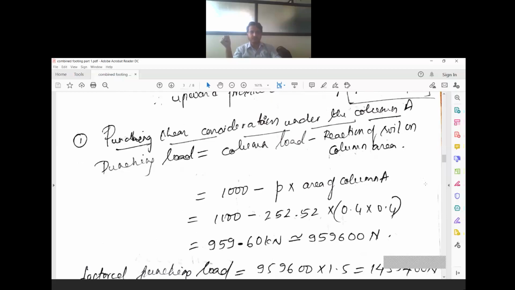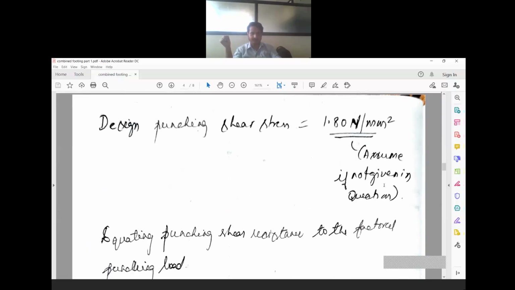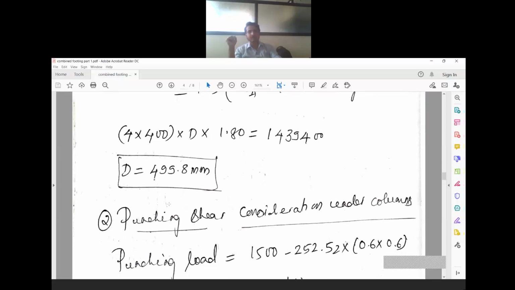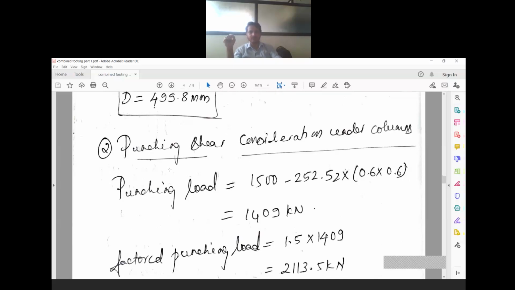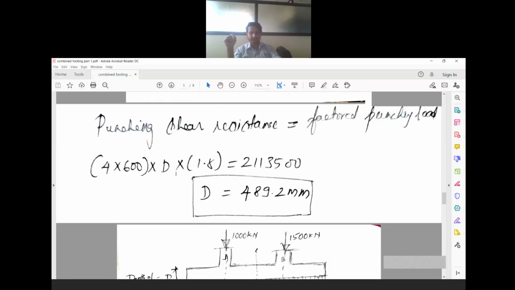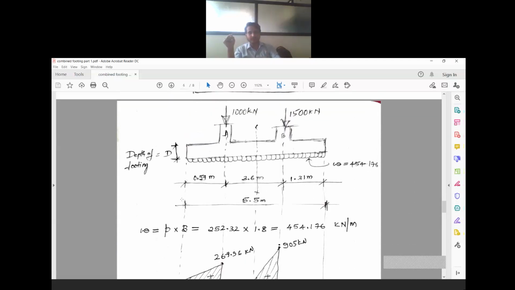We calculated the punching load, and with the help of the factored punching load and assumed design punching shear stress, we got a depth under column A of 499.8 mm. Similarly, for column B, we calculated punching shear and punching shear resistance, and the depth of the foundation was 489.2 mm. So now we have to calculate the depth of the foundation with respect to the bending moment diagram.